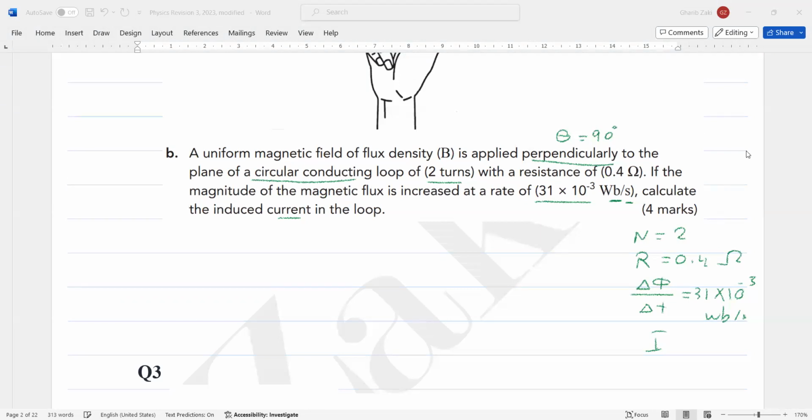Okay, ready? Now let us solve the first part.